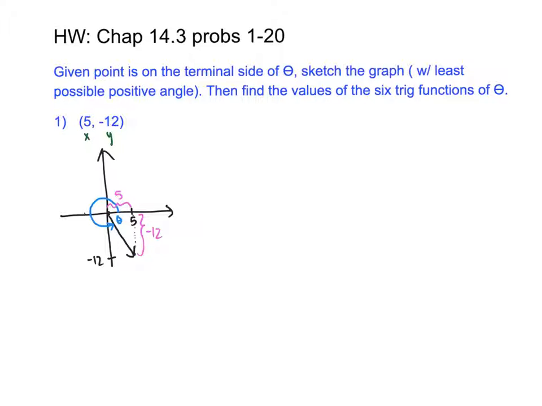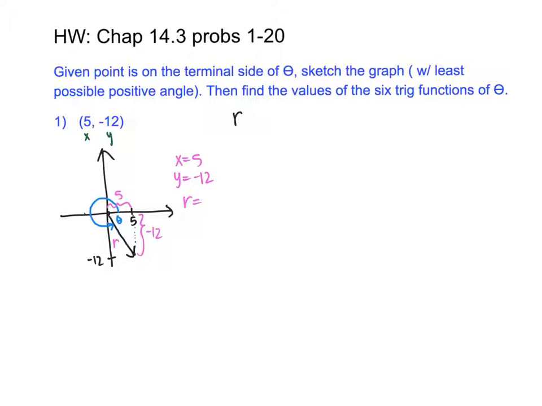The only issue is that we don't know what r is, right? We can't find all the trig functions until we know what the hypotenuse is, or what r is. So we need to go find r. We know what x is, which is 5. We know what y is, which is negative 12. We don't know what r is. So for r we use that Pythagorean theorem that we did.